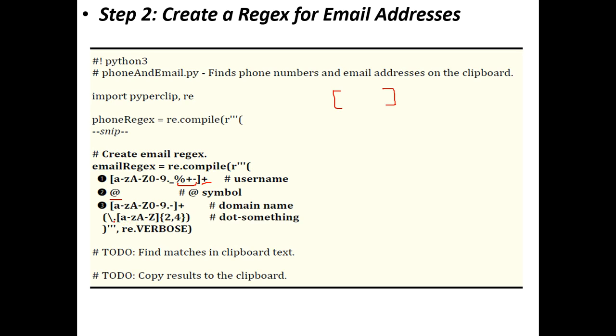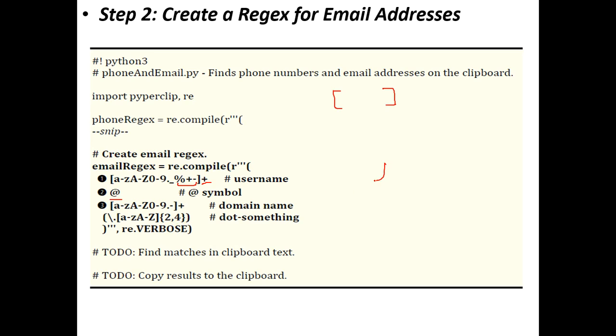Here we are hiding the special meaning of dot, and because of that reason, we are using backslash dot. The backslash dot is followed by lowercase or uppercase letters. How many letters? It may end with a dot followed by 2, 3, or 4 letters, which can be mentioned using this range.